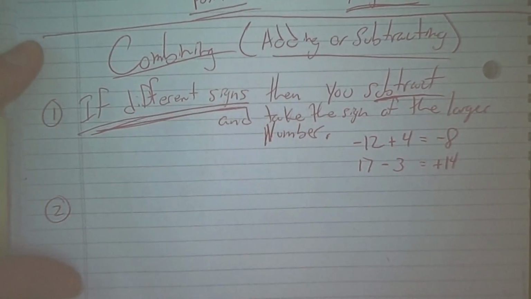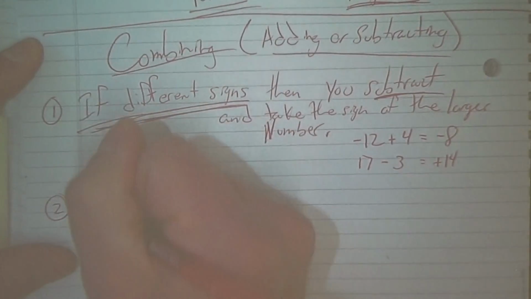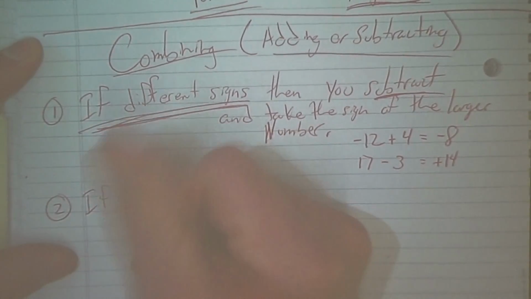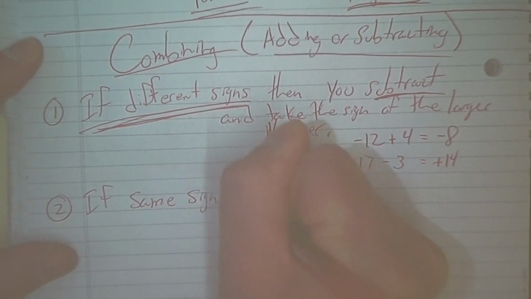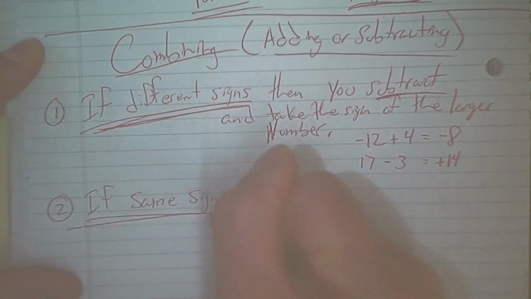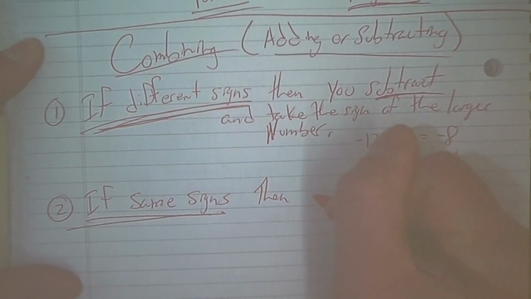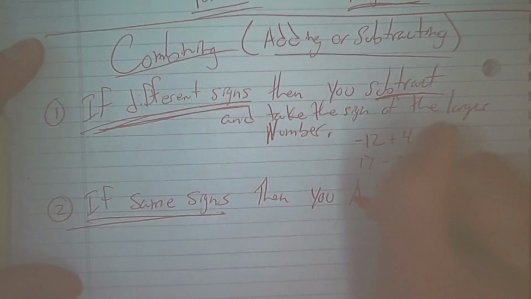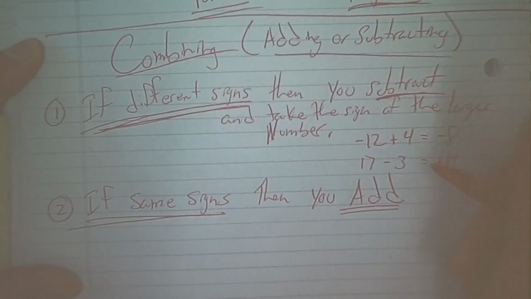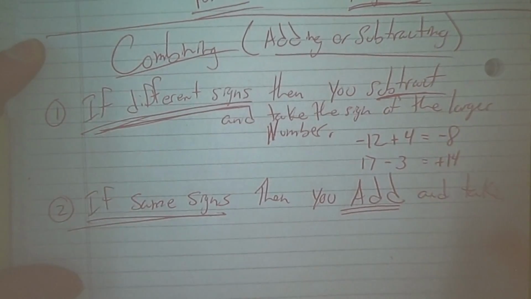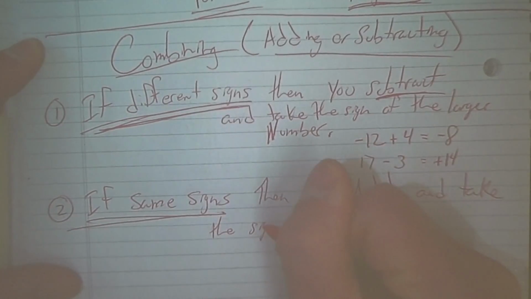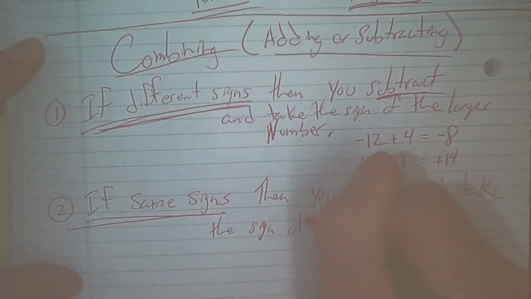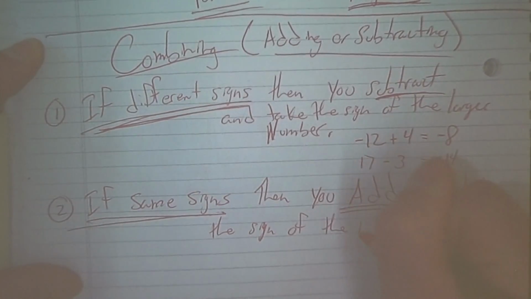Step 2, or another possible, is if you have the same signs, then you add and take the sign of the numbers.